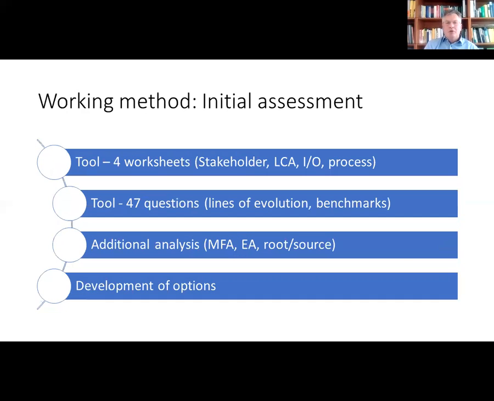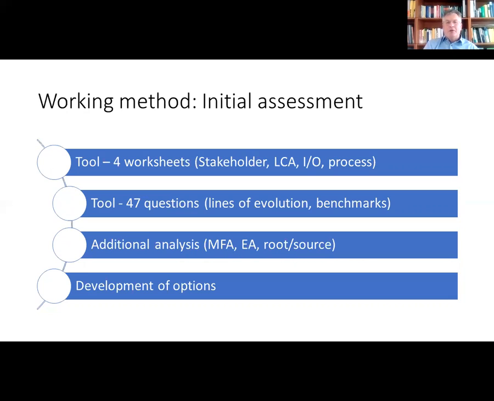The tool consisted of two major parts, one consisting of worksheets, worksheet on collecting data on input and outputs of a company, lifecycle analysis, stakeholder analysis, and a list of process units.